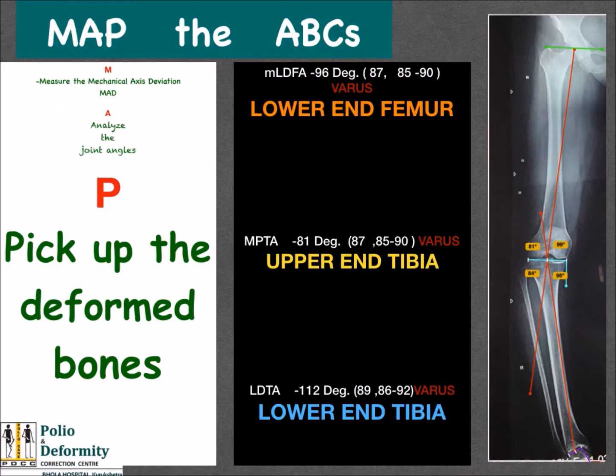P means pick up the deformed bone, because the angles were abnormal. At the lower end of the femur there is varus, at the upper end of the tibia there is varus, and at the lower end of the tibia also there is varus.